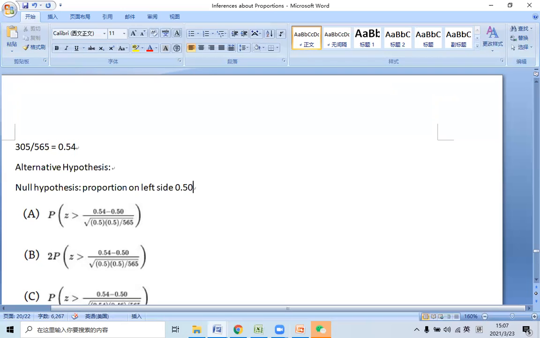Half of those cancers will be on the right side, half would be on the left. That would be the null hypothesis. And the alternative hypothesis would be cancer on the left side will be larger than half, larger than 0.5.